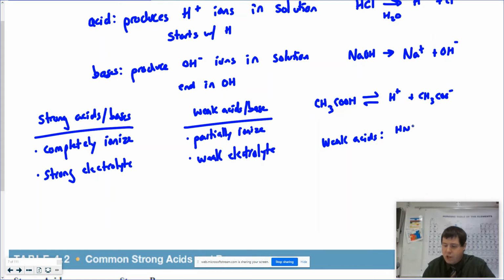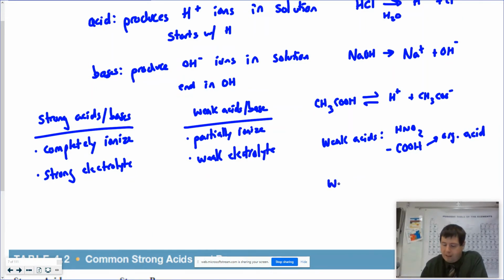So if you see HNO2, because that's not on the list, it's going to be a weak acid. So anything with H in front of it there. And organic acids, so anything that ends in COOH, remember this is an organic acid, and those will also be weak.